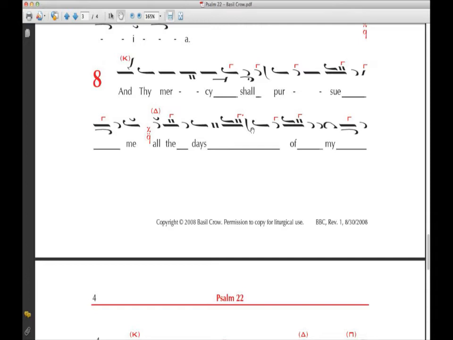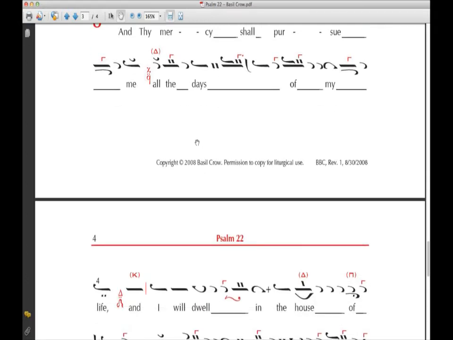This is because we're hitting the zo. So the ke, zo, and natural zo, because we're still diatonic, it's a natural zo. So the days of my life, it goes down.